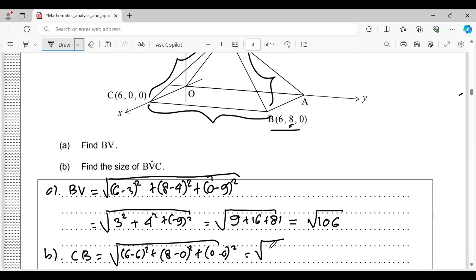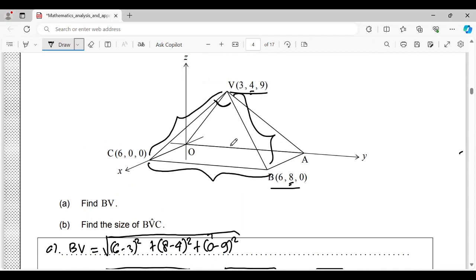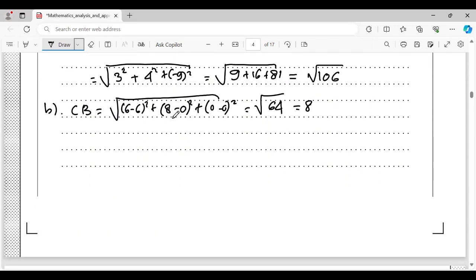So it becomes square root of 64, equals 8. Next is CV.